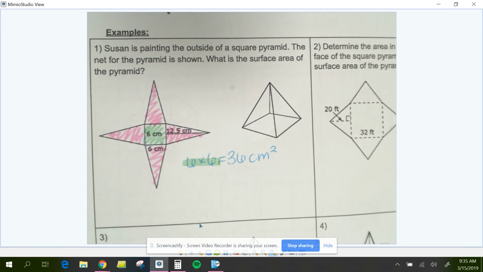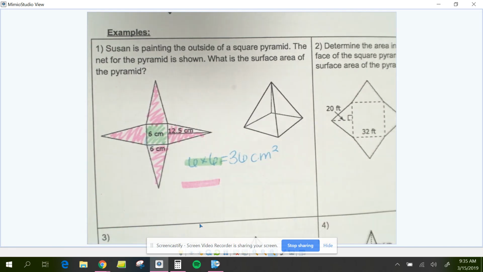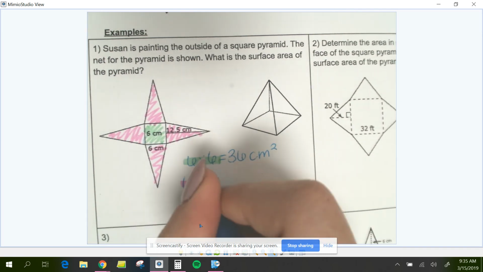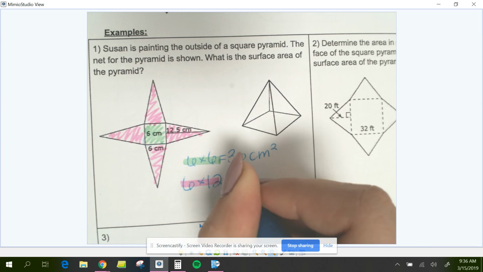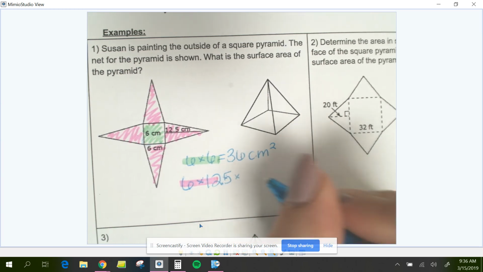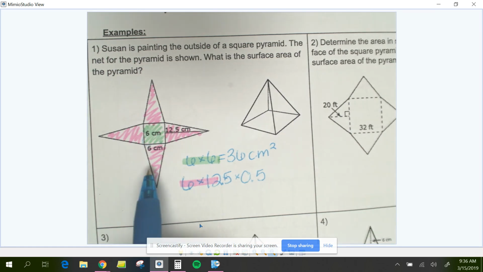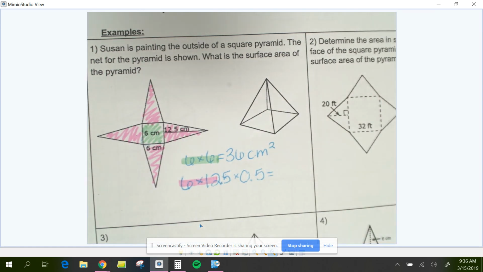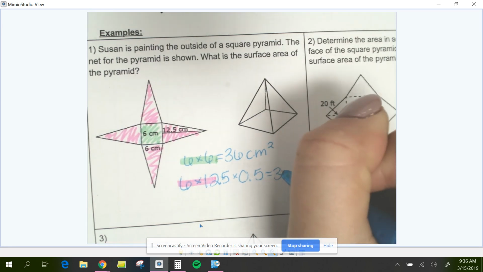Okay. Then I move on to my triangles. And I find the area of a triangle by doing base times height times 1/2, or 1/2 times base times height. Remember, order doesn't matter in multiplication. So here I have 6 times 12.5 times 0.5. Don't forget, because it is a triangle. So when I multiply those together, 6 times 12.5 times 0.5 gives me 37.5.